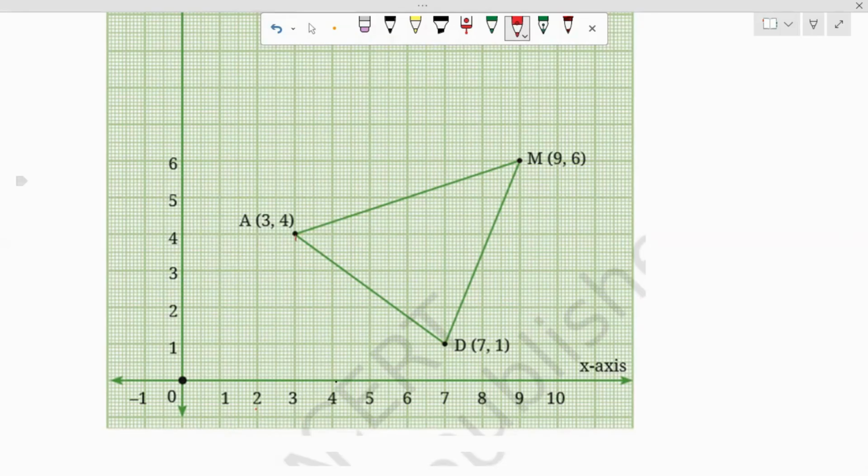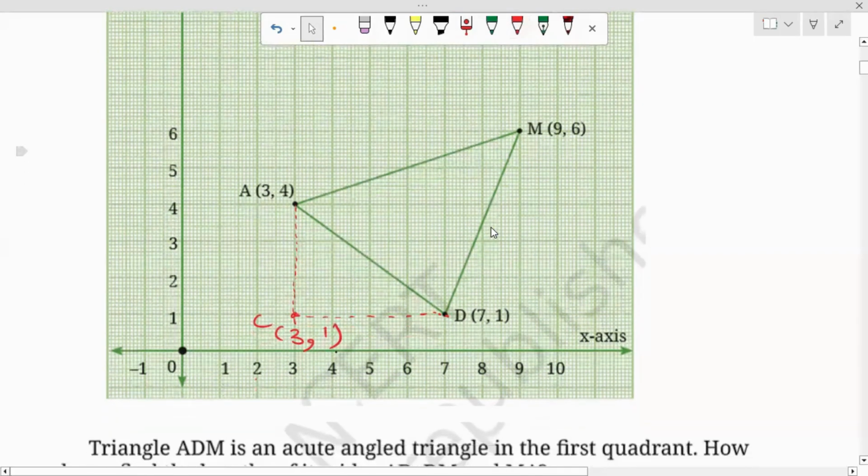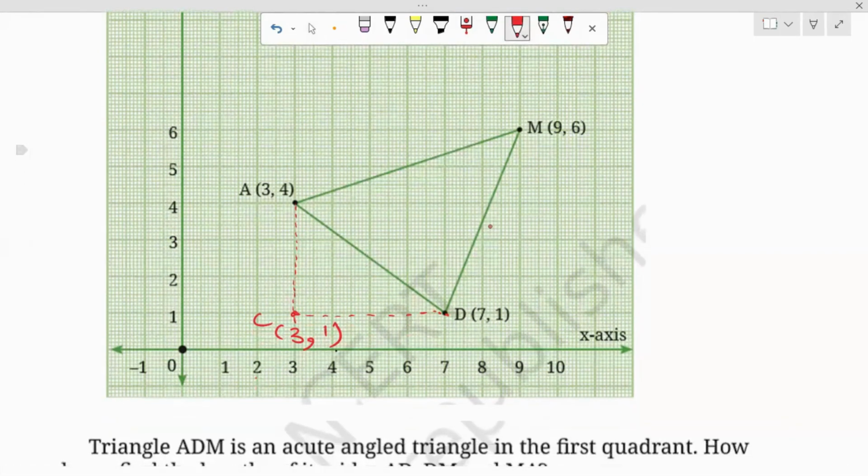So from A, I have drawn one line which is parallel to the y-axis, and from D I have drawn another line which is parallel to the x-axis, and we got a point C here, right? Its coordinates here: x is 3 and y is 1, right? Now we can easily calculate the distance AC and the distance CD.